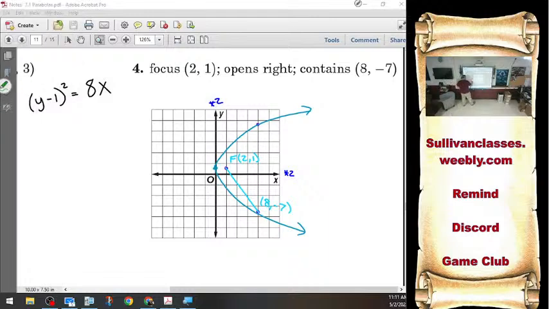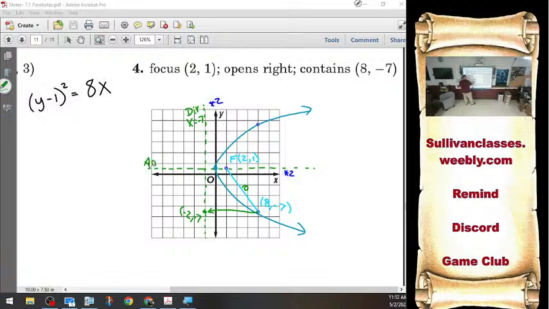So here's my axis of symmetry. This is 10. That tells me go back 10 to my directrix. So if my directrix is 10 west of this point, it is at x equals -2.